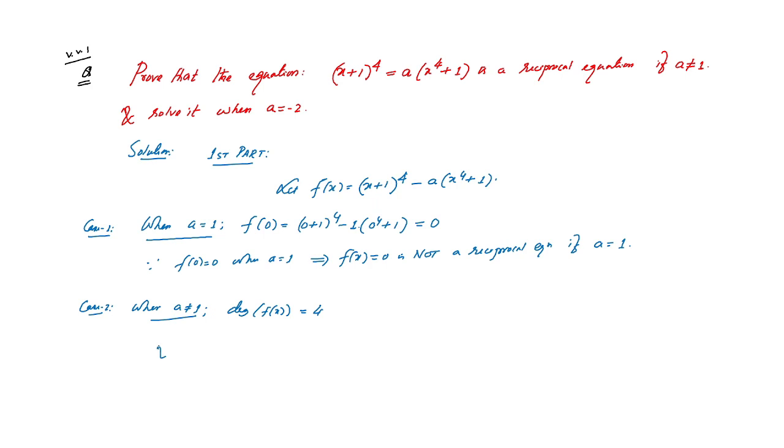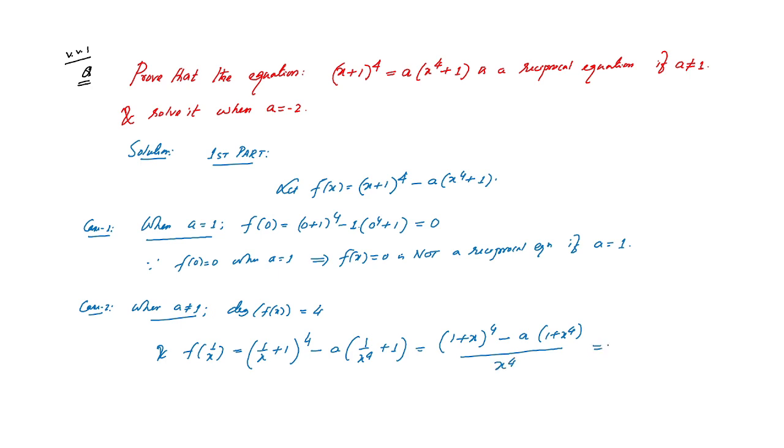And what is f of 1 by x? So f of 1 by x will be (1 by x plus 1) to the power 4 minus a times ((1 by x) to the power 4 plus 1). Just do the calculation: (1 plus x) to the power 4 minus a times (1 plus x to the power 4), by x to the power 4. So this is basically f(x) by x to the power 4.